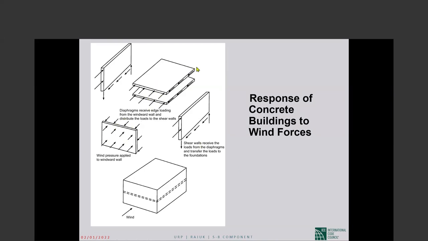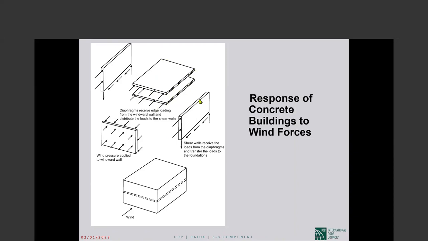So shear forces develop, that face of the diaphragm goes into compression, that face goes into tension. There is in-plane bending of the diaphragm like that. Shear forces develop along faces of the diaphragm parallel to the wind.